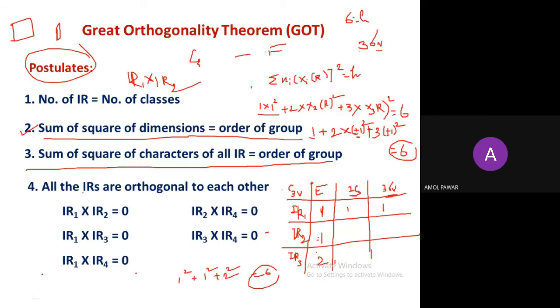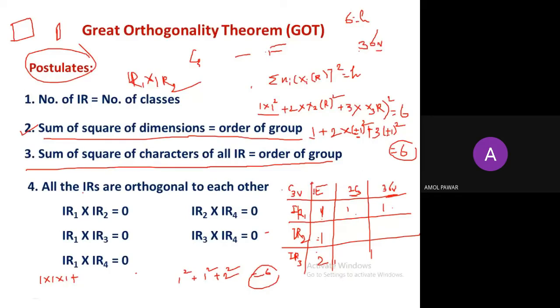IR1 is again 1 1 1, but we have to write their coefficients: the class 1 of E into the character of IR1, correct, into the character of IR2, correct. So 1 plus, understood how it is done?